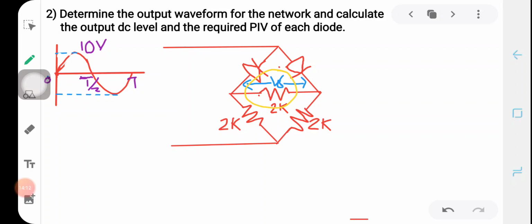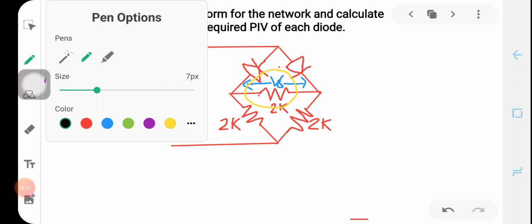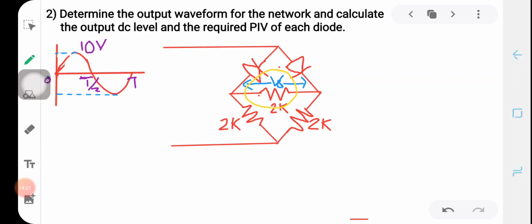Let's start by replacing the circuit with its equivalent circuit. Remember that the input is an AC signal with 10 volt as the maximum voltage. That means we can write the given voltage for V in, the maximum Vm, as 10 volt.